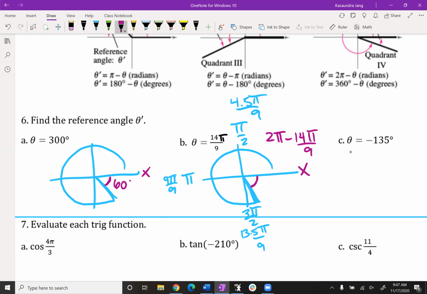So I'll treat the number 2 like 18 ninths instead of a 2 pi. So 18 minus 14 gives me 4 pi ninths. So 4 pi ninths is my, they're going to call it theta prime. This is my reference angle.